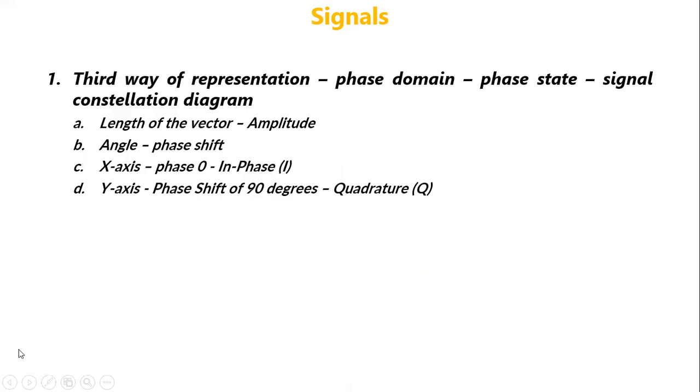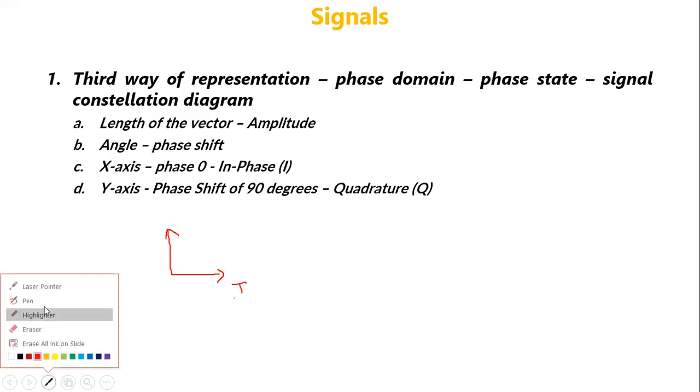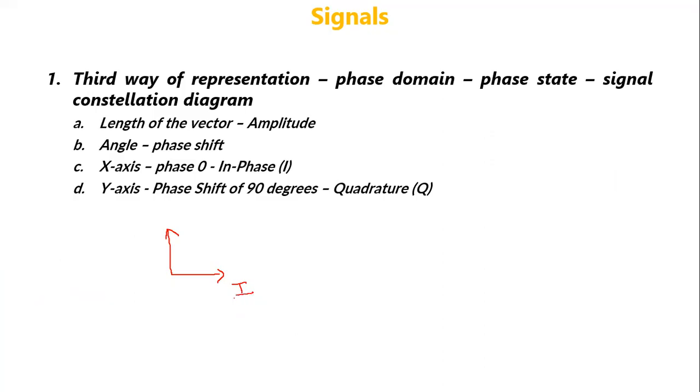If the signal is in line with the x-axis, it is called phase 0, otherwise called in phase, meaning the signal is not shifted at all. If the signal is shifted by 90 degrees, that is called quadrature, which is represented as Q over here.